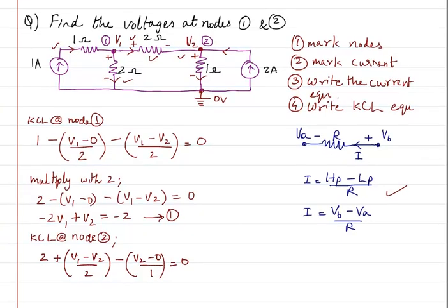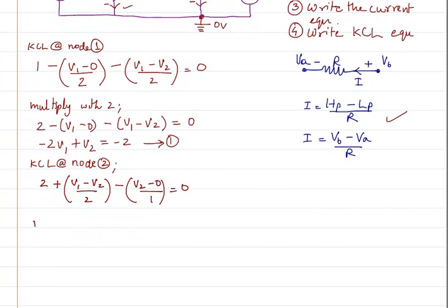Again, just like we did previously, we have to multiply with the denominators. 2 is there, 1 is there. So I can multiply it with both 2 and 1 together. I already know that there is no point in multiplying with 1, it is going to be the same. So I will just multiply it with 2. Multiplying with 2, I will get 2 into 2, 4. Plus the second term, the denominator will cancel, so it is V1 minus V2.